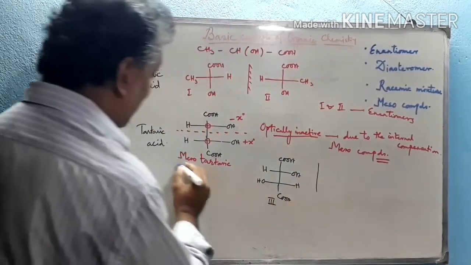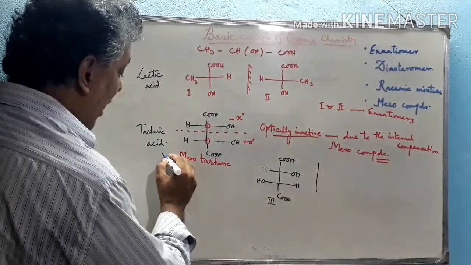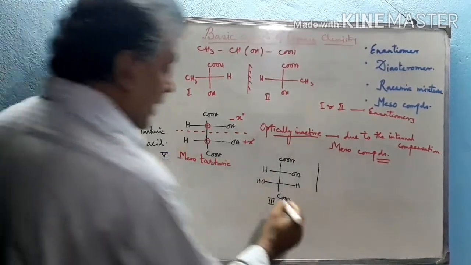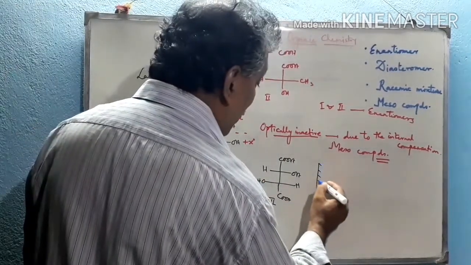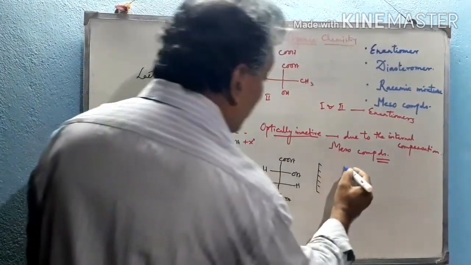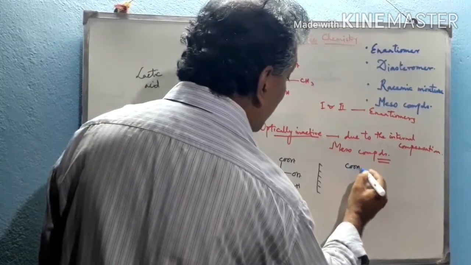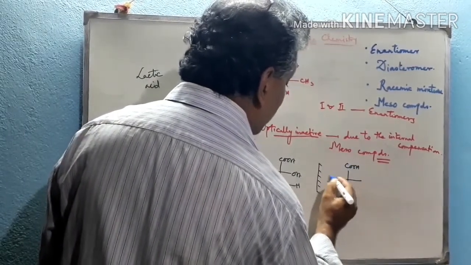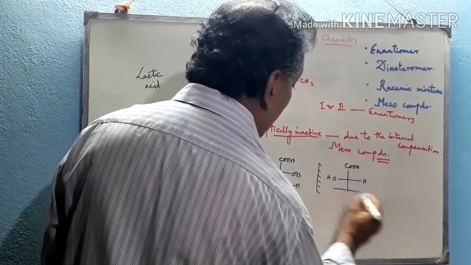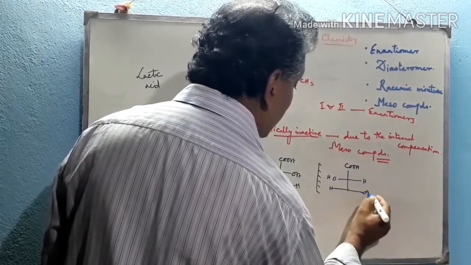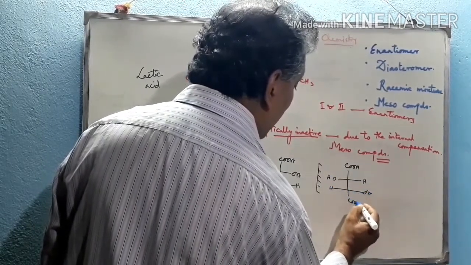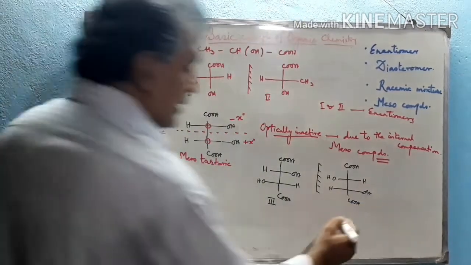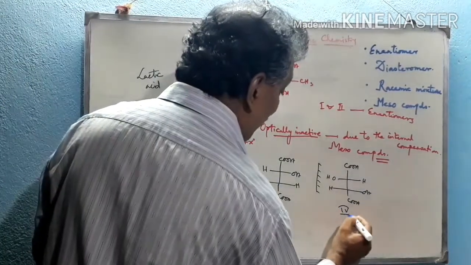Suppose this is 5, meso tartaric acid, and this is 3, and the mirror image of this is optically active. The mirror image of this compound can be drawn like this: OH is here, H is here, here also H, here OH, and the bottom part containing COOH. And this compound is denoted by 4.